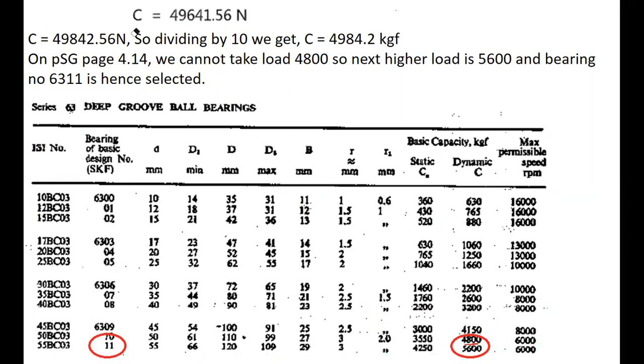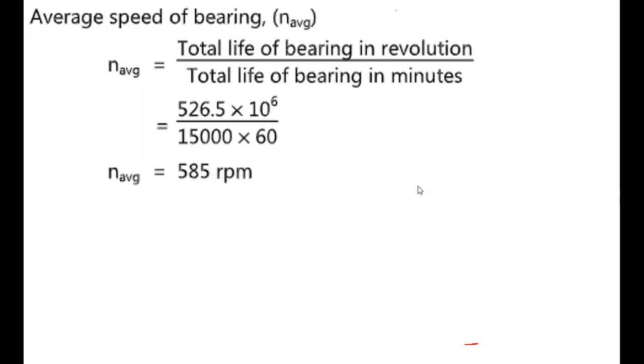This is not the end of the numerical, because two more things they have asked. They have asked the average speed of bearing. So we will take average speed as total bearing life in revolutions, 526.5 into 10 raised to 6 revolutions divided by 15,000 hours into 60. So average is 585 RPM.